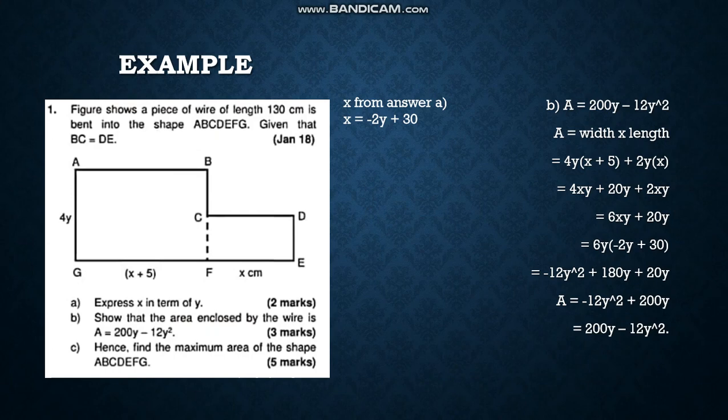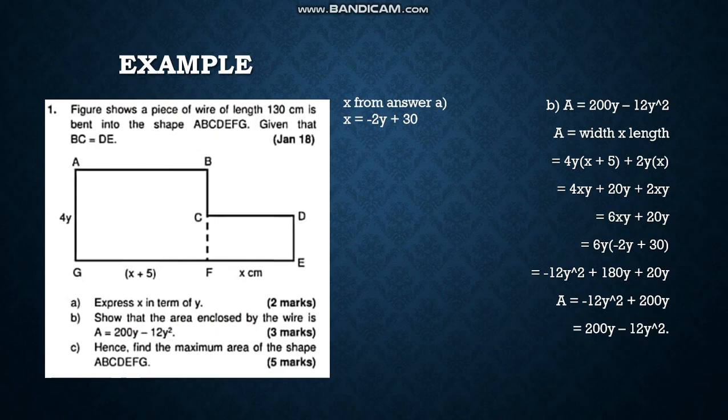And for question B, it shows that the area enclosed by the wire is A equal to 200y minus 12y squared.